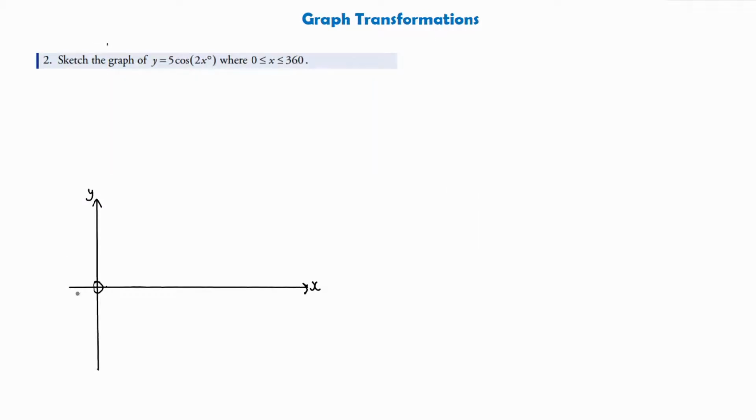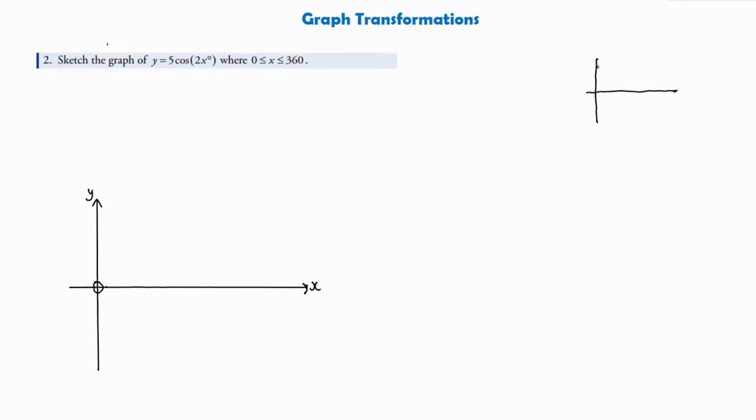So this is going to be our last example, and we are asked to sketch the graph of y equals 5 cos 2x. Now, this time we're looking at a trigonometric function, cos instead of sine. If we remember our cos graph, this is just very rough, it looks something like this.